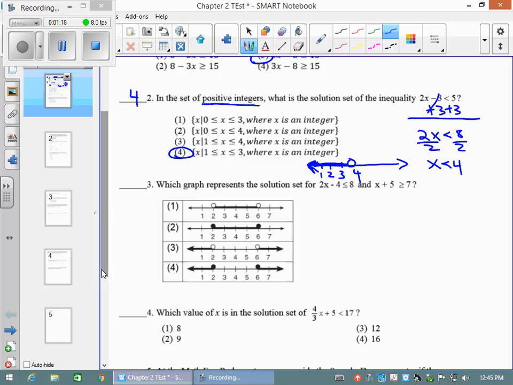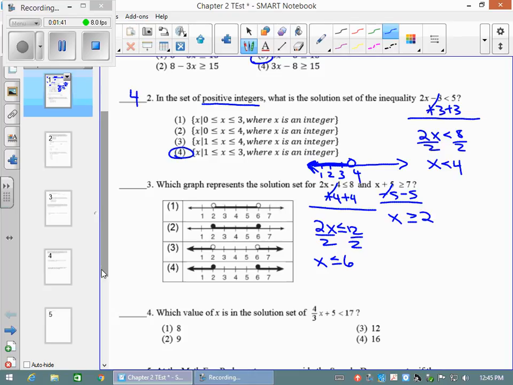Question 3, you have to solve each piece. So 2x is less than or equal to 12, and x is less than or equal to 6. On the other side, x is greater than or equal to 2. Now this is an AND statement, so that means both conditions have to be met.